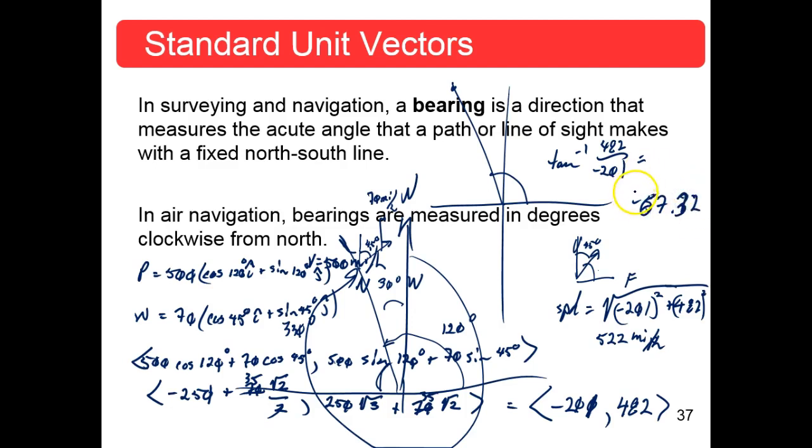Okay. So, I guarantee you that's the wrong answer. Why? Negative 67.32 is down this way, isn't it? We know the plane's going that way because it's negative 201, positive 482. So how do we reconcile that?